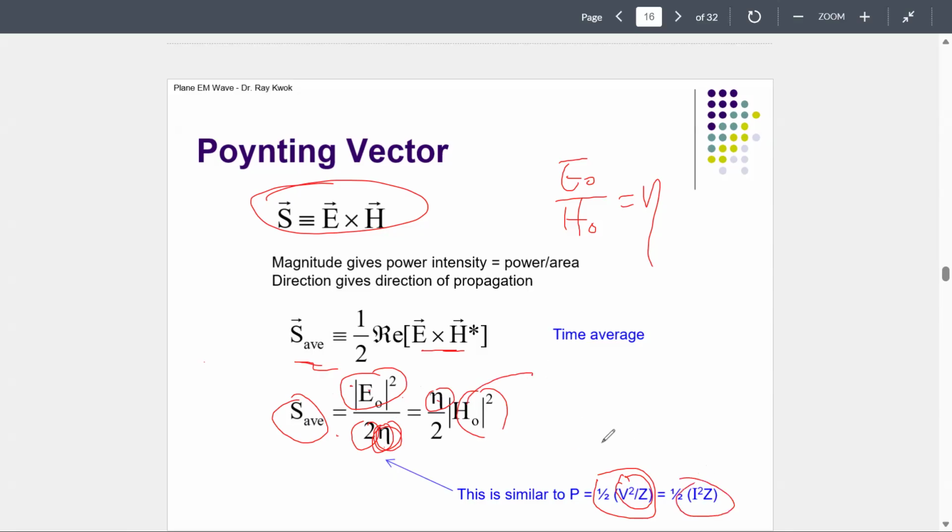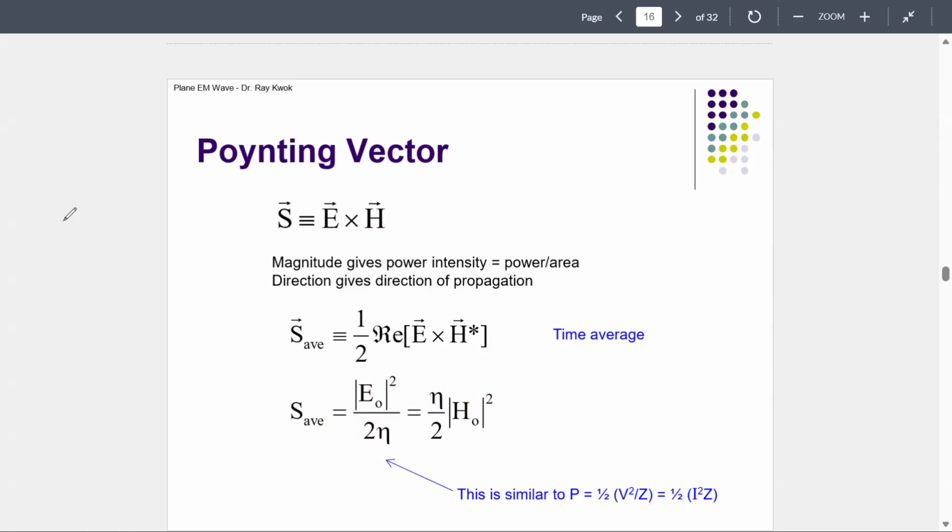So this is related to 1/2 I squared times Z. What is I squared times Z? Power, right? V is IR. So this is basically the power equations. But I'm not going to ask you anything about the Poynting vector, but in case you're reading and come across this term, hopefully you remember what to look for.